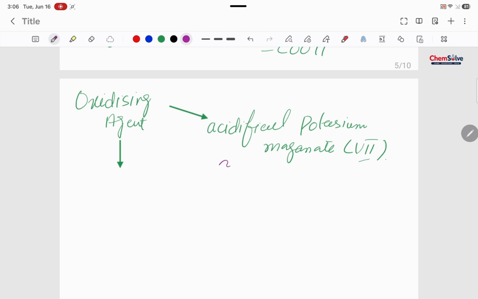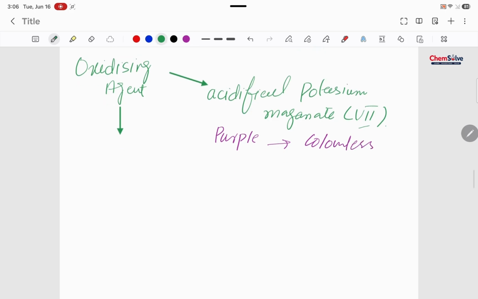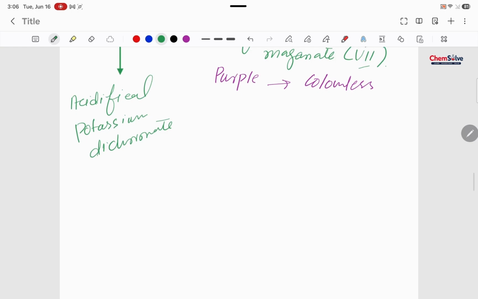It changes color from purple to colorless. And the other oxidizing agent used is acidified potassium dichromate, and it changes color from orange to green.